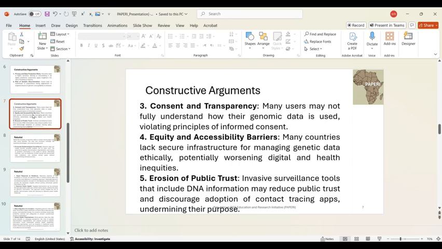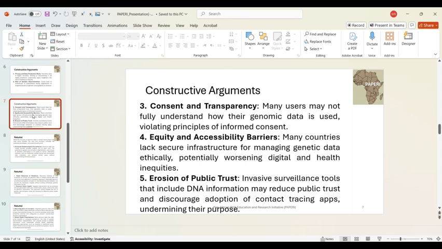This will potentially worsen data and health inequity, especially in low and middle income countries. Even genetic research has been very difficult, and maintaining the available infrastructure is hard. Immediately the one supplied by an NGO packs up, that is all. There is no sustainability, so there is no equity in that.